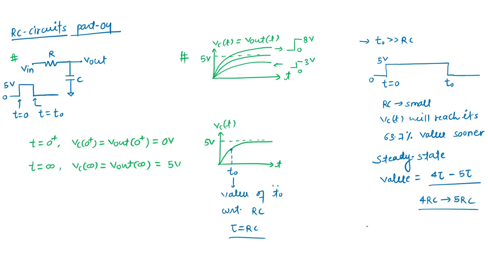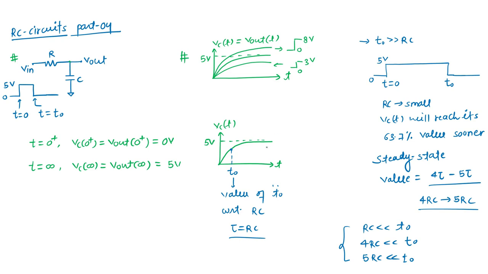So if your RC is much lesser than this t naught, then 4 RC is also very much less than t naught, or I will say 5 RC is also much lesser than your t naught. So overall, your t naught is very large.